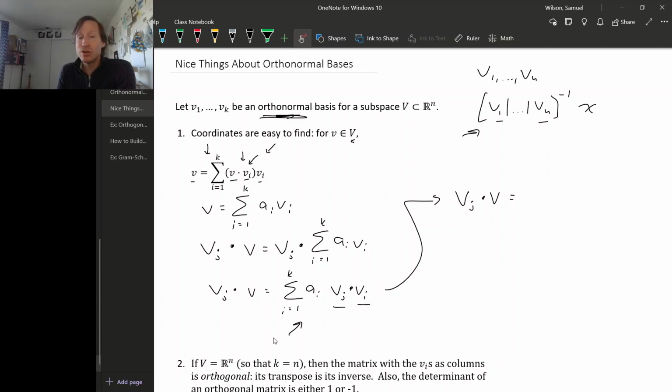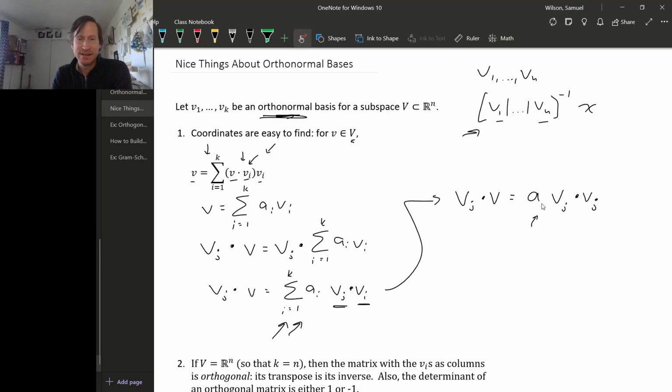So the only term of this sum that survives is the term where v_j and v_i are actually the same vector. And in that case, v_i is actually equal to v_j. And so we just get the term v_j dot v_j. Every other term in the sum disappears. And then there's this coefficient out front, which is a_i. But remember, i is equal to j, because that's the only term that survived.